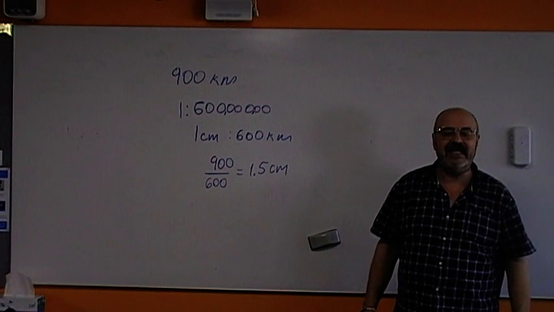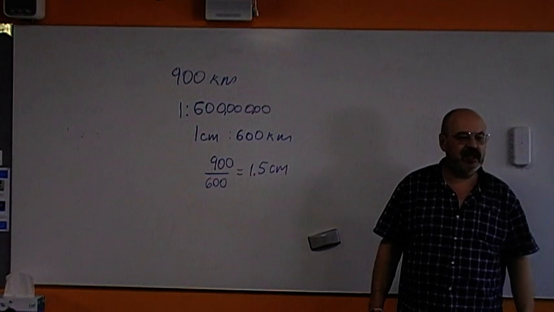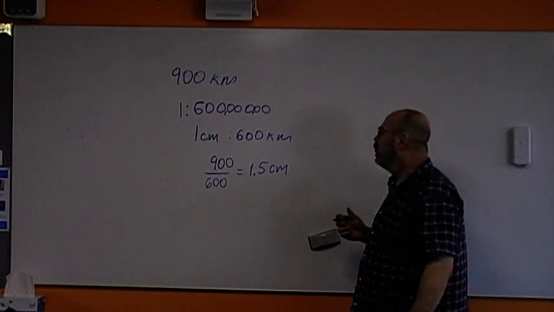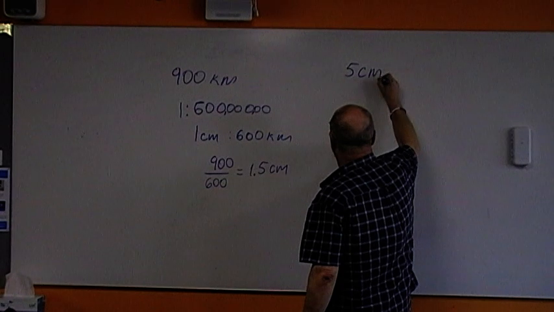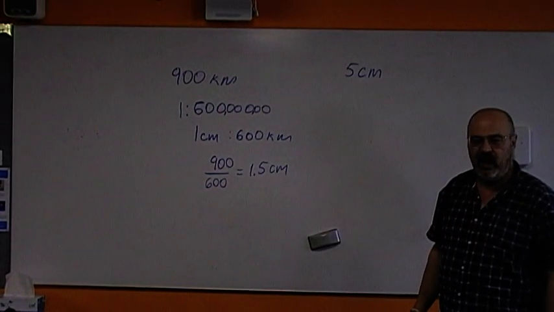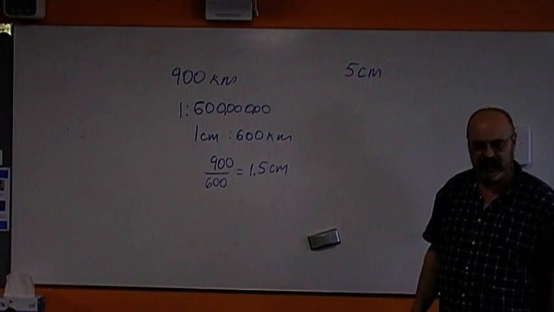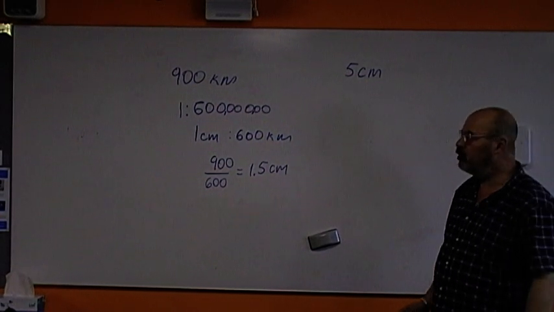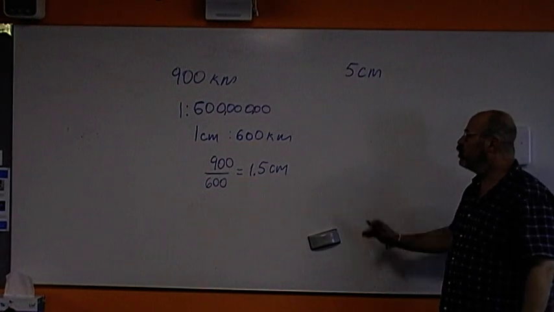Okay. So let's say the distance on the map between Melbourne and Albury is 5 centimeters. What is the actual distance? Is it using the same map? No, a different map.